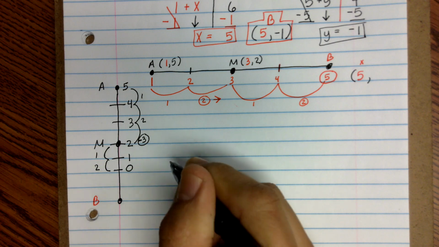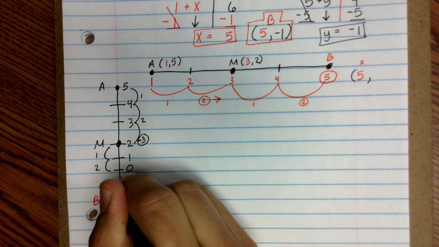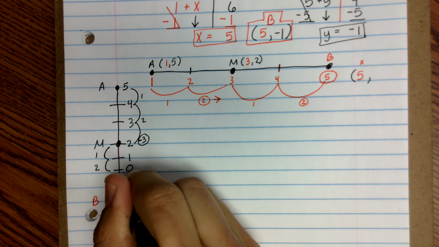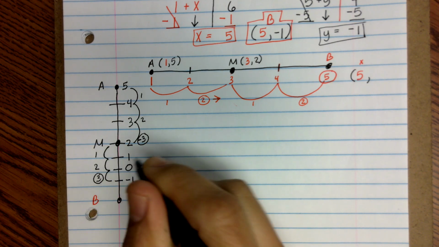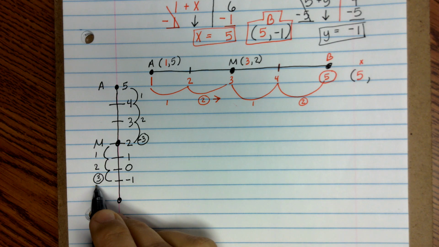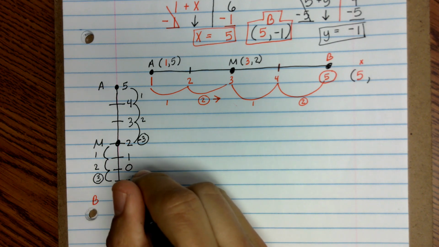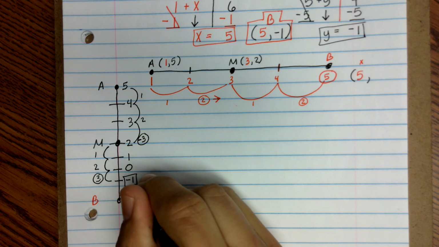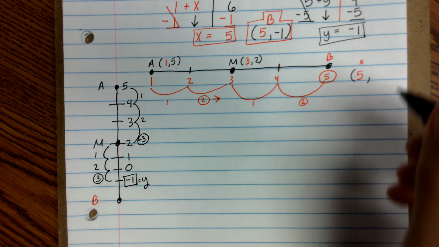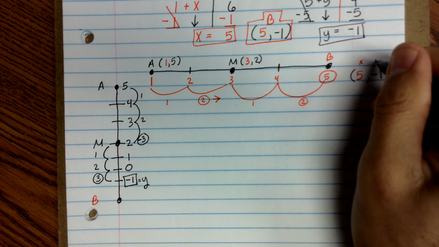So that's down 2 times. And then I'm going to go down again, because we got to go down a total of 3 times. So that'll be negative 1. And that'll be down the 3rd time. So we moved down 3 times, and that put us at negative 1. So I know that my y value has to be equal to negative 1.